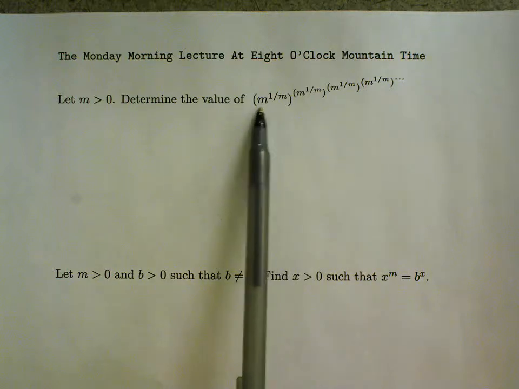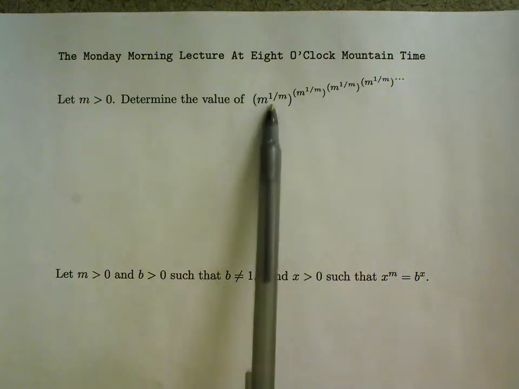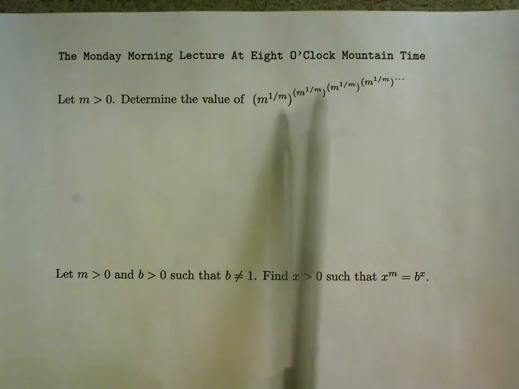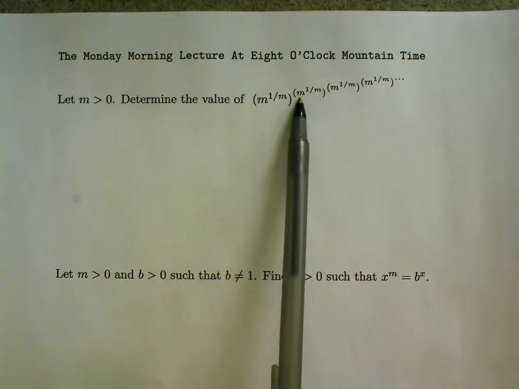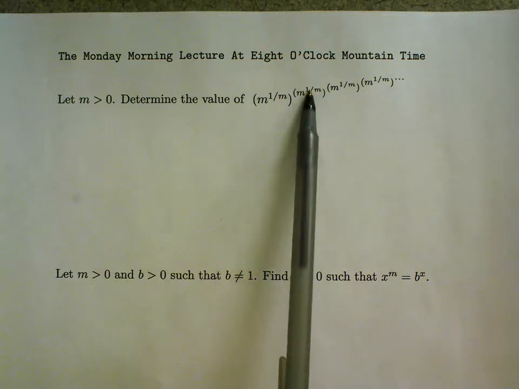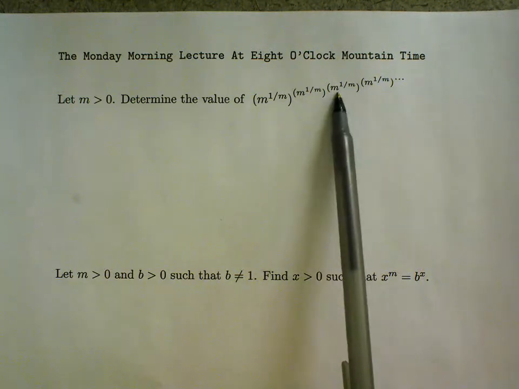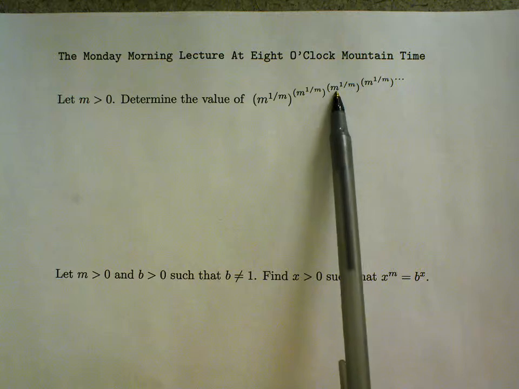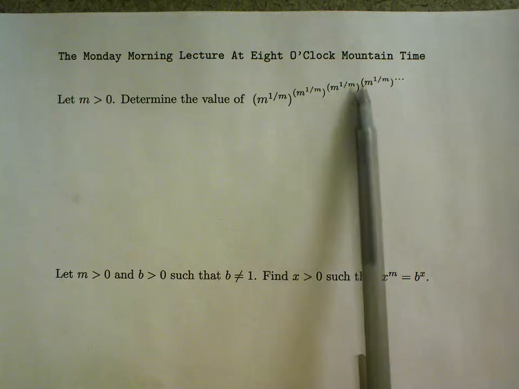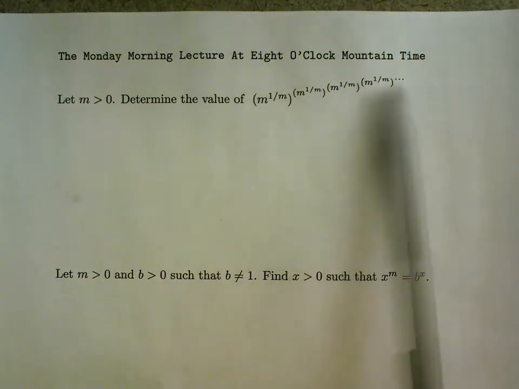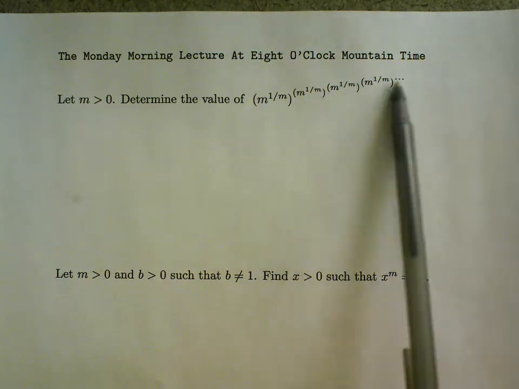We have m raised to the exponent 1 over m, and then this is raised to the exponent m to the 1 over m, and that is raised to the exponent m to the 1 over m, and so on. The three dots indicate that this pattern goes on forever.